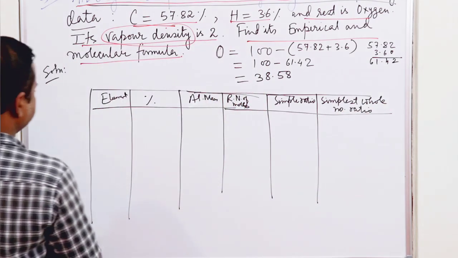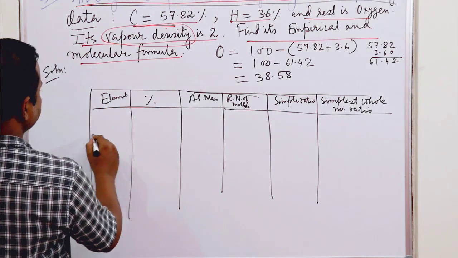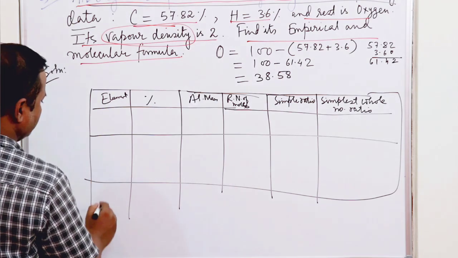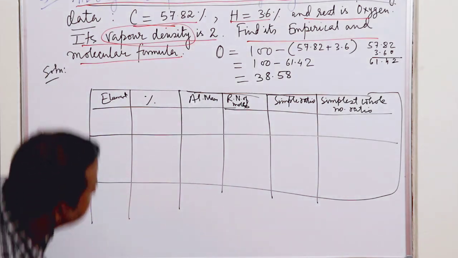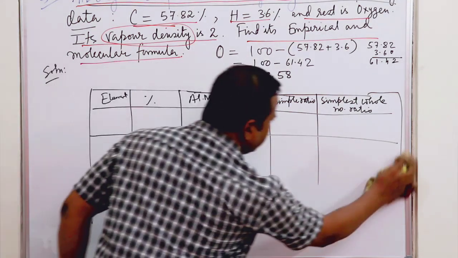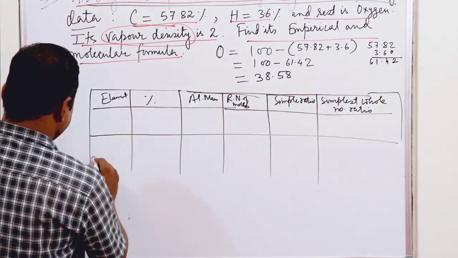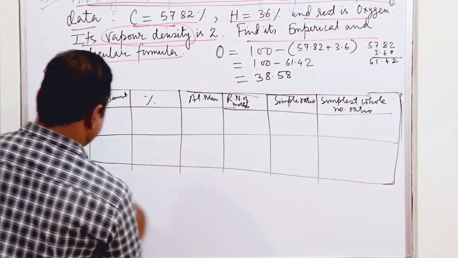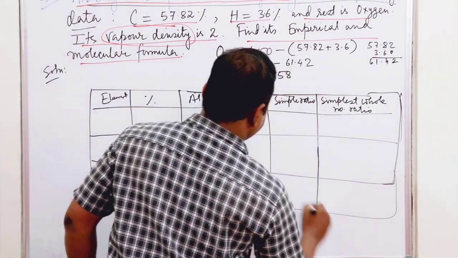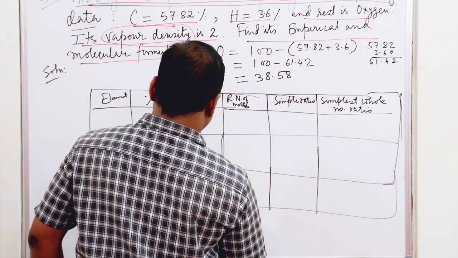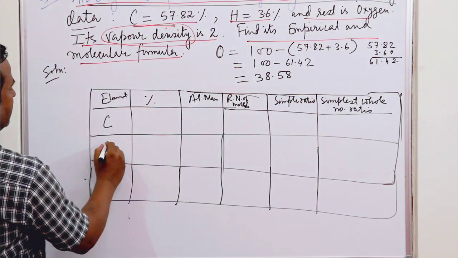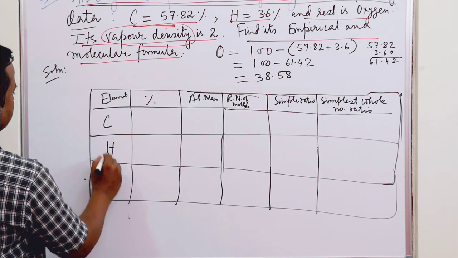So how many elements do we have here? We have 3 elements. So let's make the box. I should not be in a hurry. The elements are carbon, hydrogen and oxygen.